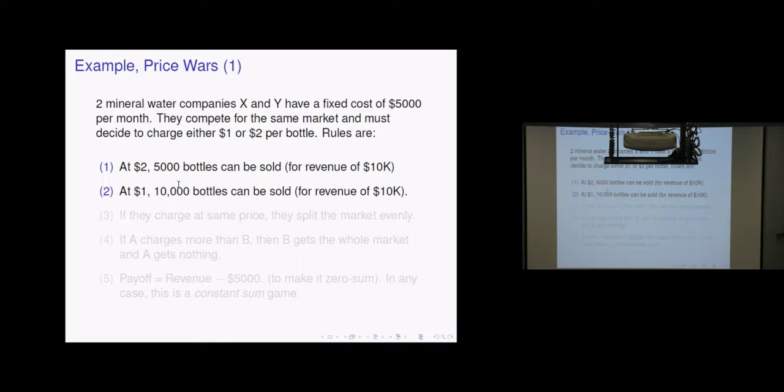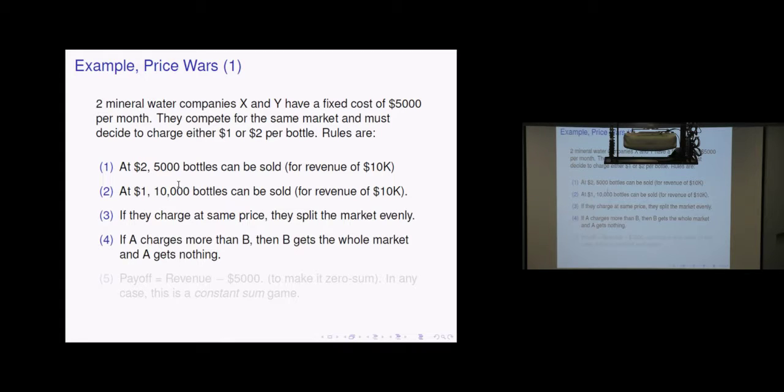If they charge cheaper, they can sell more bottles, so the revenue is 10K. If they charge the same price, then they split the market. If both of them charge $2, each one of them will sell 2,500, and similarly for this.